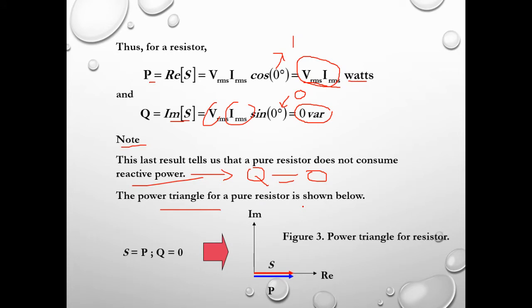Since we don't have any imaginary value, which is Q, we can clearly see that there is no negative or positive value for Q on the imaginary axis, the y-axis. This is the power triangle for a resistor. So we can conclude that S is equal to P and Q is 0. This is the phasor where S equal to P.